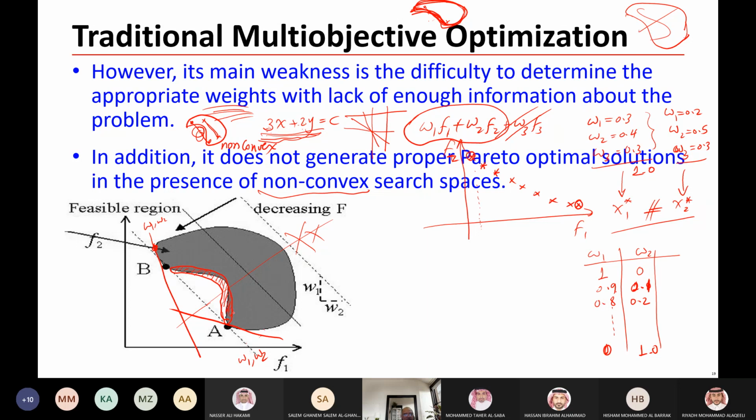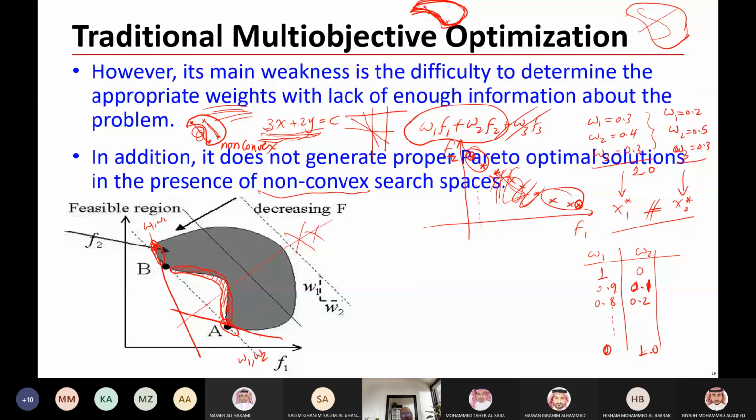So if you change W1 and W2 for 100 points for this non-convex search space, you will end up with a few solutions clustered here and a few solutions clustered here, and that's all. You will not find a well-distributed set, and the solutions in the hidden part will not appear with the weighted sum method.